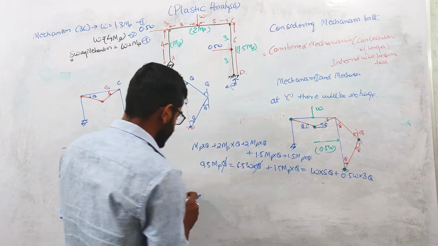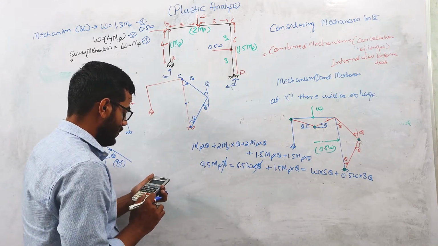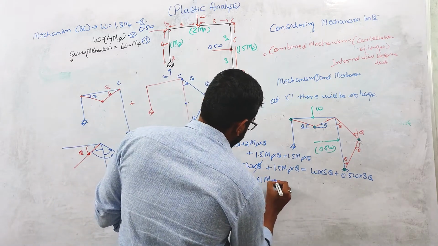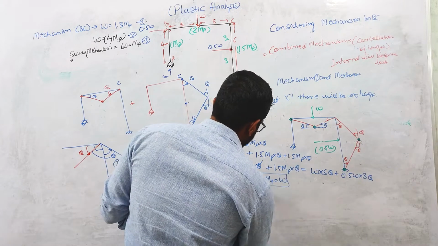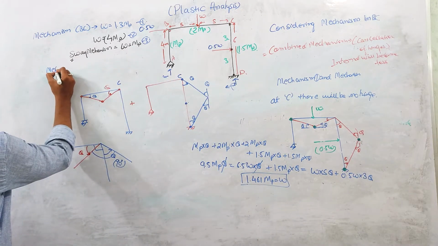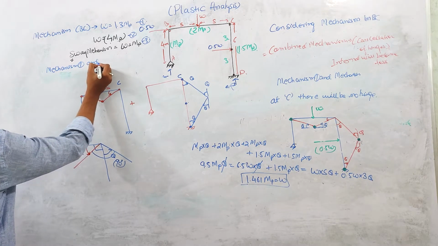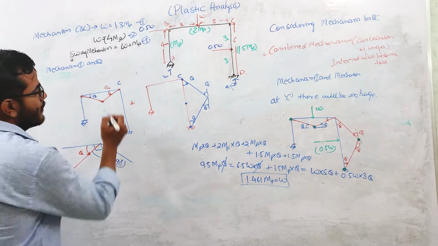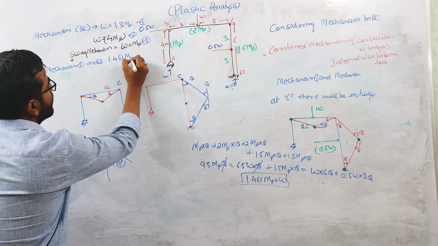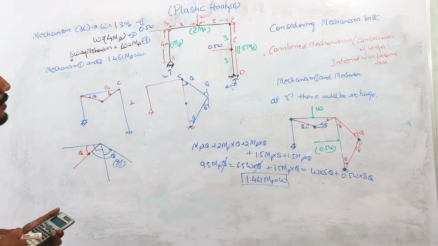So theta will cancel out each other. So 9.5 divided by 6.5 equals 1.461 Mp equals W. So when you are combining mechanism 1 and 2, you are getting the value 1.461 Mp equals W. Okay, so now this is okay.